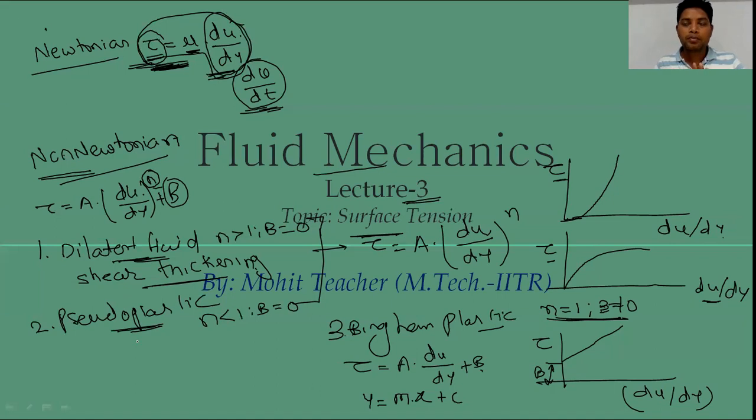How is that possible? When the internal resistance, the cohesive forces, the intermolecular distance of the molecules, become less. If that decreases, at that time it becomes a shear thinning fluid. We call them shear thinning fluids, meaning the thickness decreases.